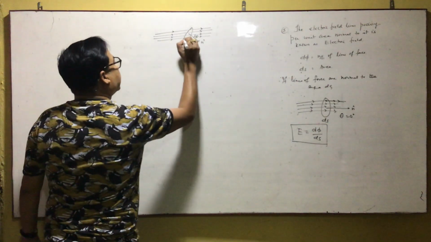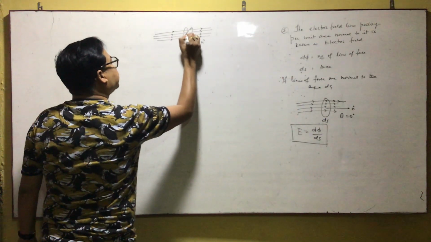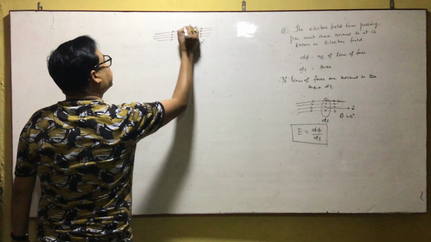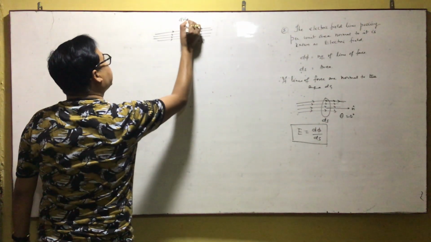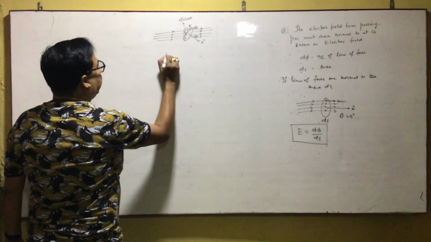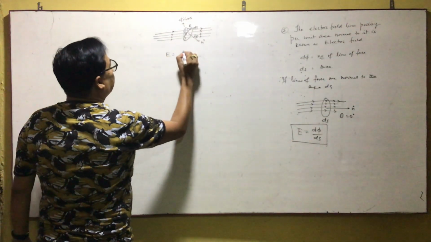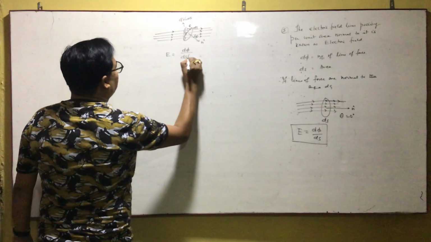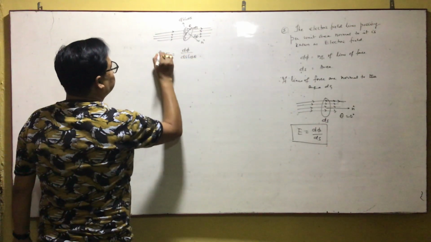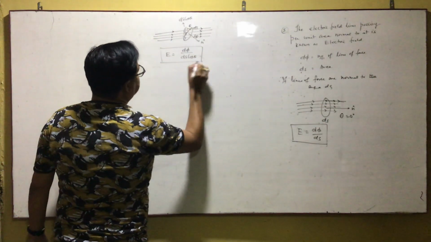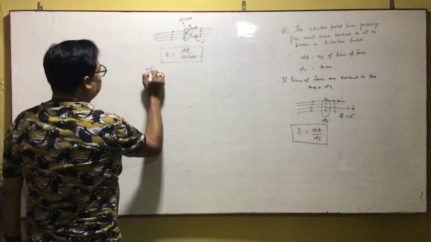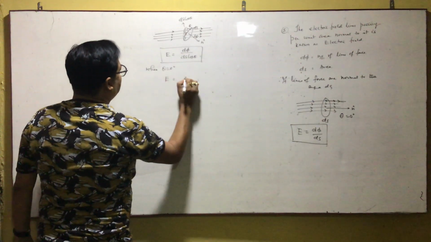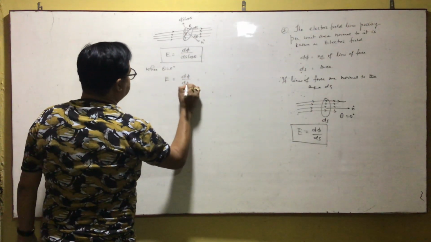So the component of ds is ds cos theta, so E can be written as d phi by ds cos theta. And when theta is 0 degree, we have E is equal to d phi by ds.